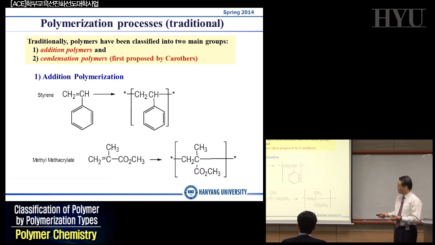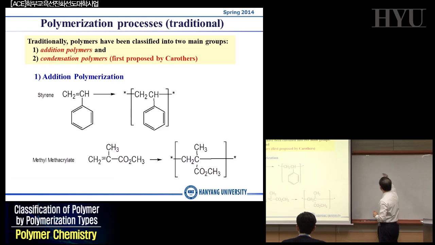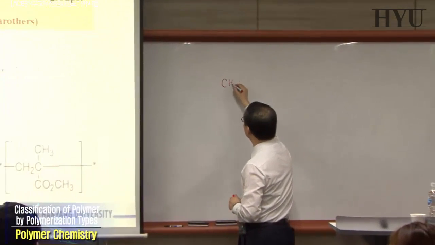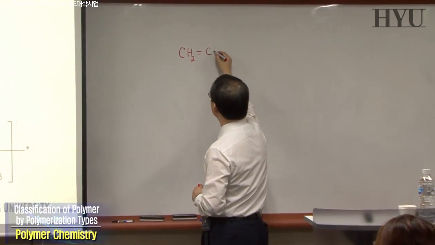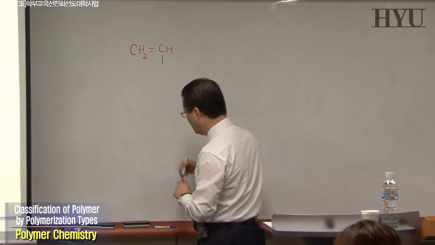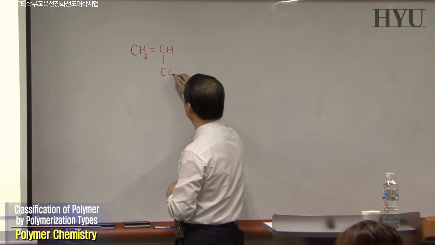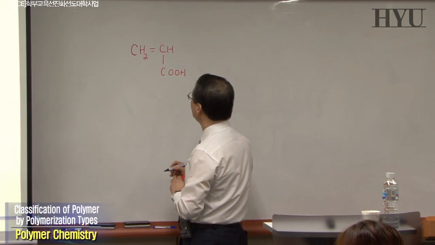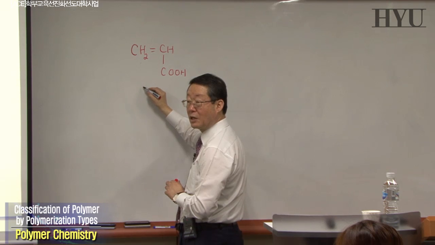Okay. Methyl methacrylate looks something like this. So we have polymethyl methacrylate. Let me describe to you how we can name this monomer. Now this is the vinyl group, and if you have a carboxylic acid, what we call this is acrylic acid.